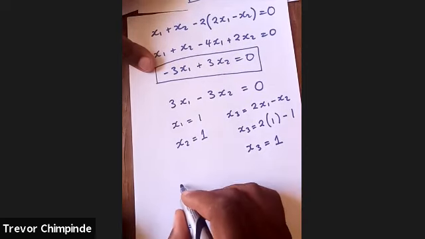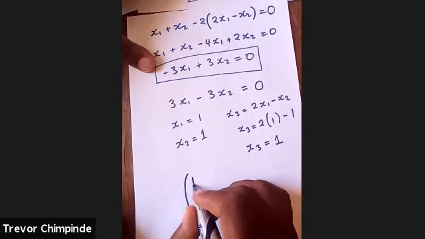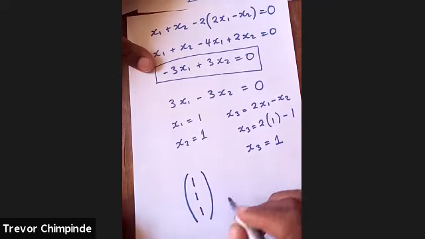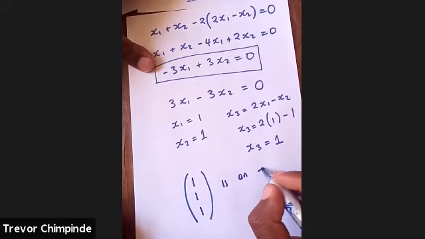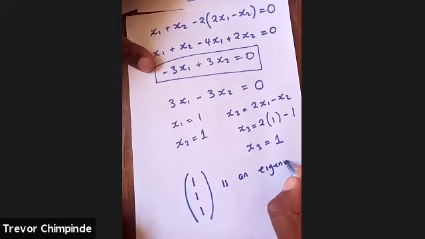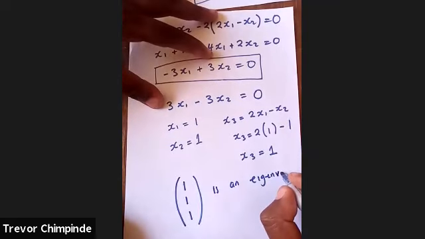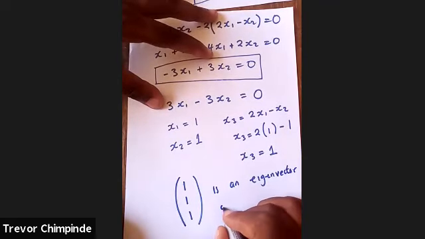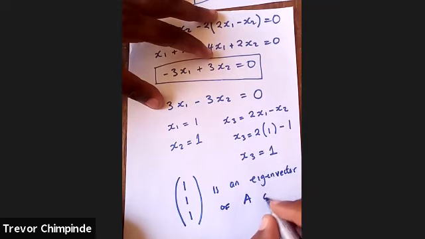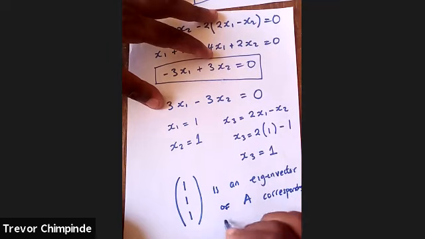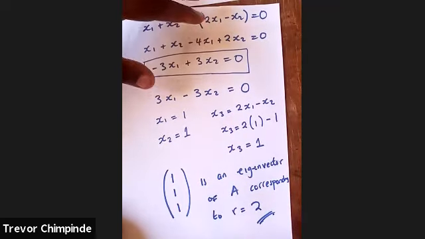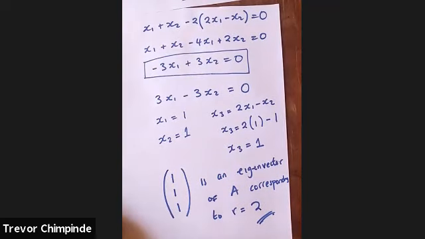So you get that the vector (1, 1, 1) is an eigenvector of A corresponding to eigenvalue R is equal to 2. Is this okay? Yes.